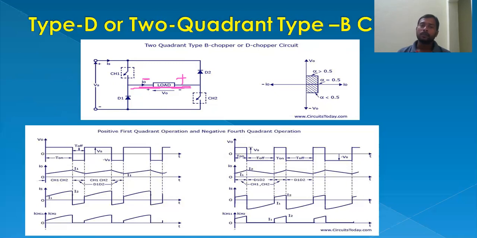Look at this one. When chopper 1 and 2 are on, this is positive and negative, and current direction will be in this direction only. When thyristors 1 and 2 are both off, current direction will be in this direction. So current is also the same as the positive direction.